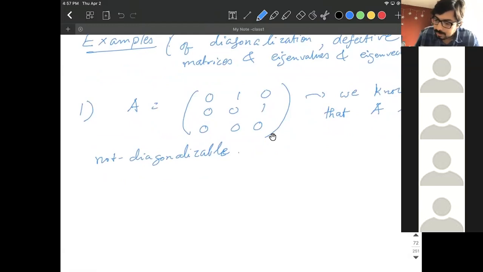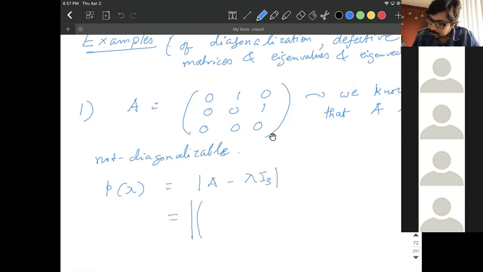Now, what is the characteristic polynomial? So this is given by the determinant of A minus lambda I3. But this is fairly simple in this case. So this is minus lambda, 1, 0, then 0, minus lambda, 1, and 0, 0, minus lambda.